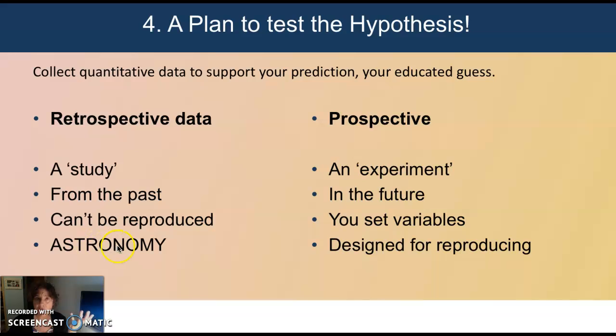So in general, astronomy deals with retrospective data from the past. We can't really test anything in space prospectively. We can test equipment that goes into space prospectively, but that's not really testing space phenomena. It's testing equipment instead. When we talk about prospective tests, we're talking about experiments.